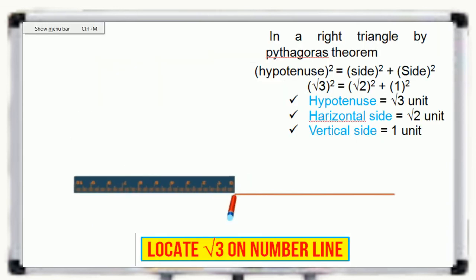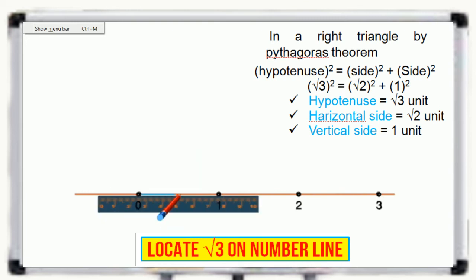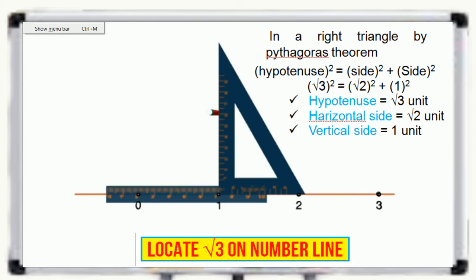First you have to draw a number line and write positive numbers 0, 1, 2, 3. So to construct a right triangle with hypotenuse square root of 2, take the horizontal side as 1 unit and also the vertical side as 1 unit.